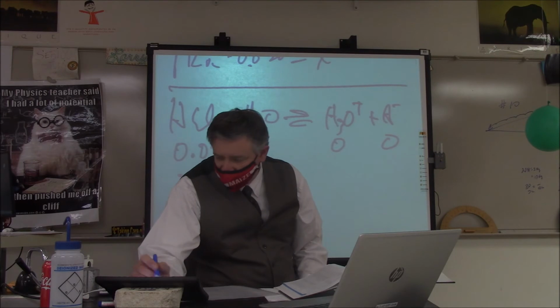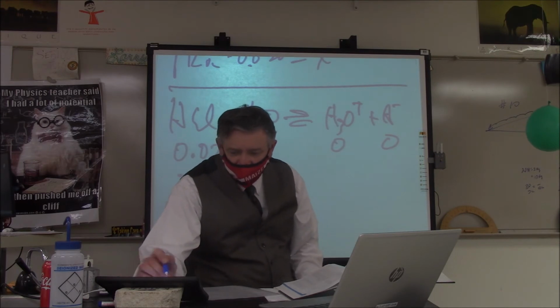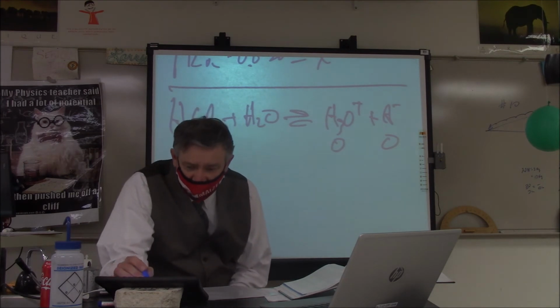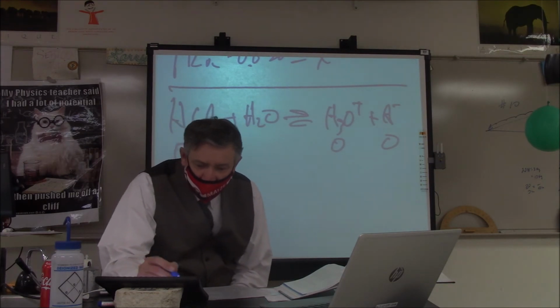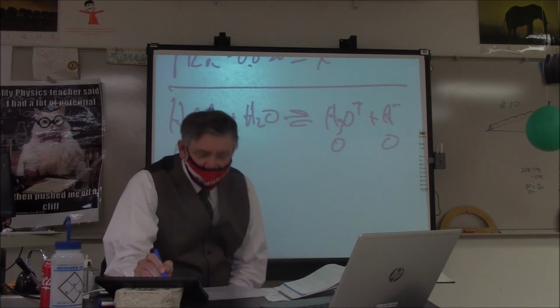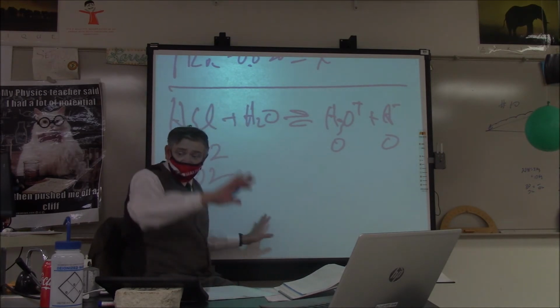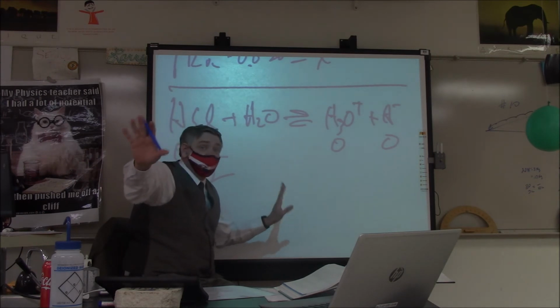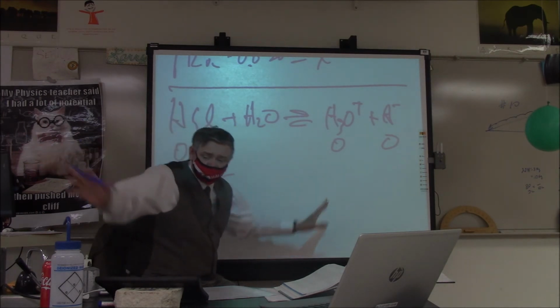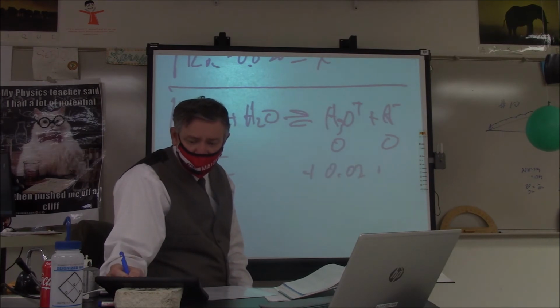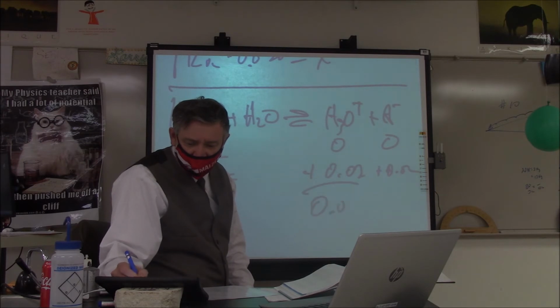Now, if it's a strong acid, we don't write minus X. We know how much of that is going to ionize. By definition of a strong acid, all of it is going to ionize. Boom, it's gone. So that's 0, that's 0.02, that's 0.02.